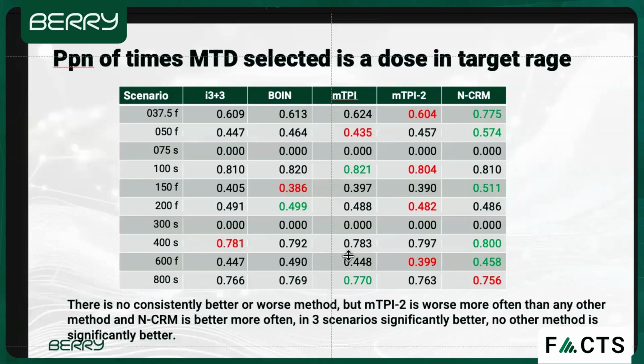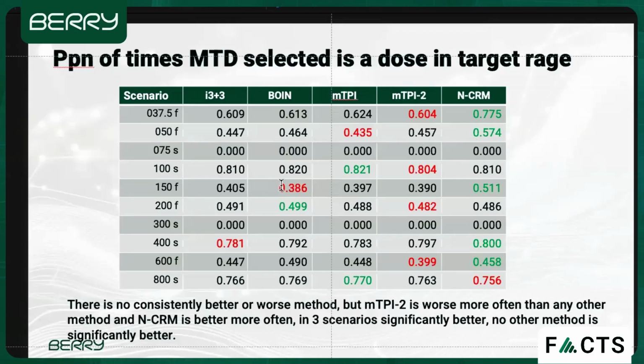So the 600 flat, it's got a 45% chance of, oh no, that's not a great significant one, sorry. These first 2 particularly, 77% and 57%, are considerably larger probabilities of picking the MTD than the other methods, which I think probably have a tendency to pick a lower dose a few times.